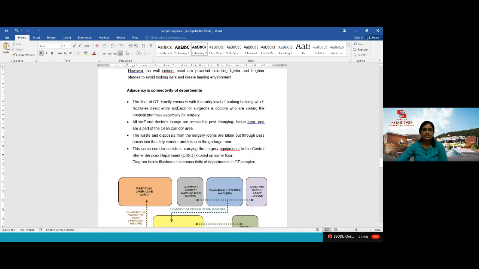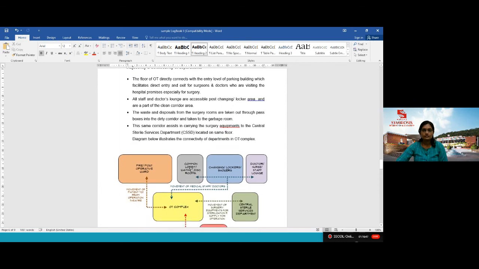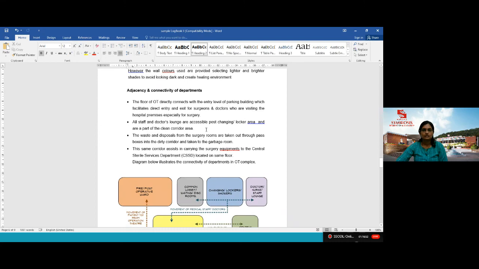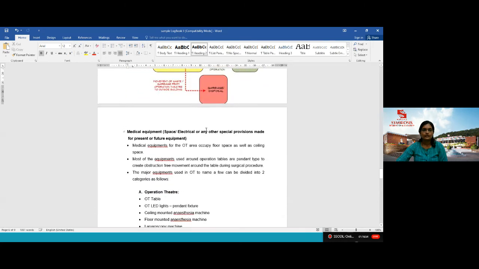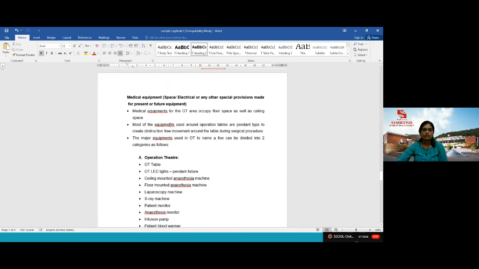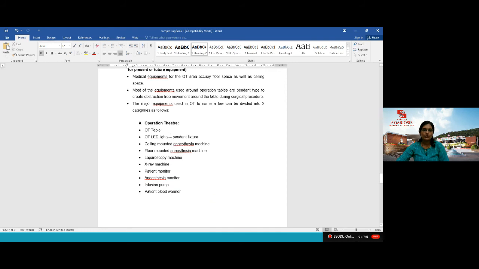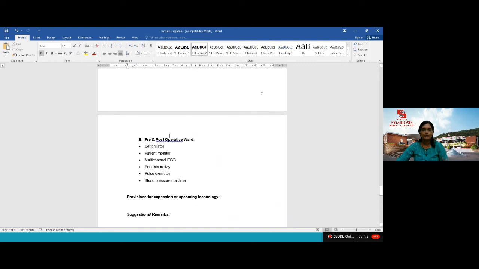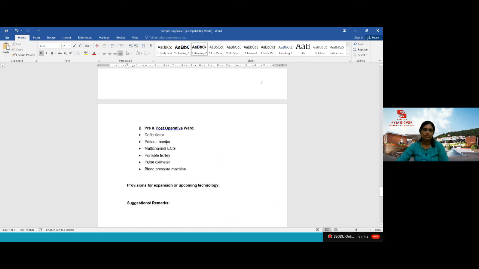Then adjacencies and connectivity: what are the connectivities? Medical equipment: what are the medical equipment in the OT area, in floor space as well as ceiling space? There are two major categories. First is the operation theatre, and the second is the equipment kept in the pre and post operative ward.